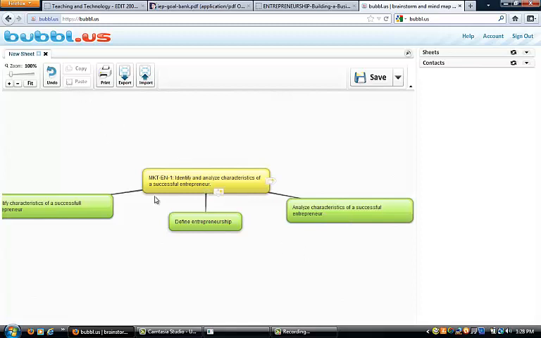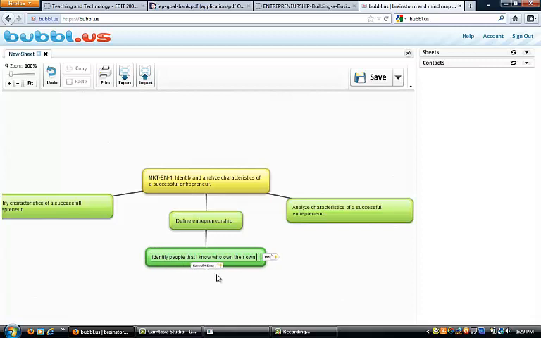So that's what I'm going to use as my second tier. I'm going to identify people that I know who own their own business. Okay, so that's going to help me define entrepreneurship. And so once I've done that, I've used that as a reflection point.